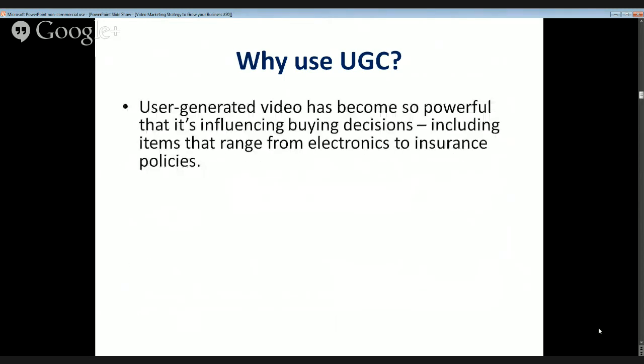Now, user-generated content or video has become so powerful that it's influencing buying decisions, including items that range from electronics to very mundane things such as insurance policies. Now, I'm sorry if you sell insurance policies, but it is fairly mundane, and yet user-generated content can help sell that.